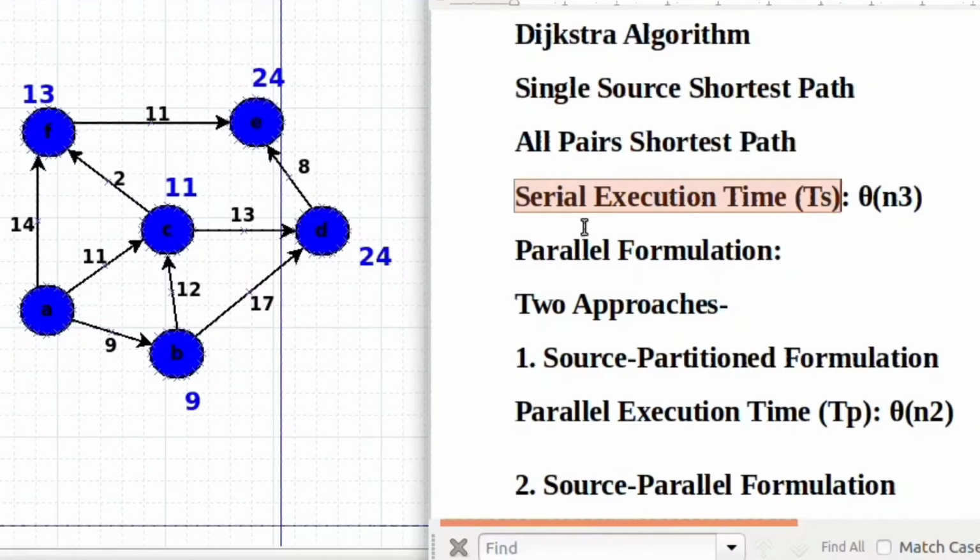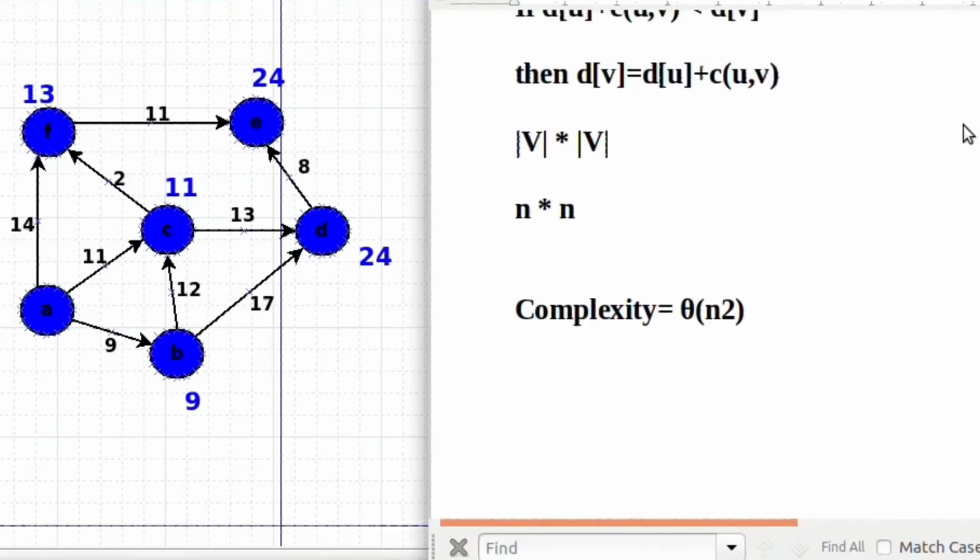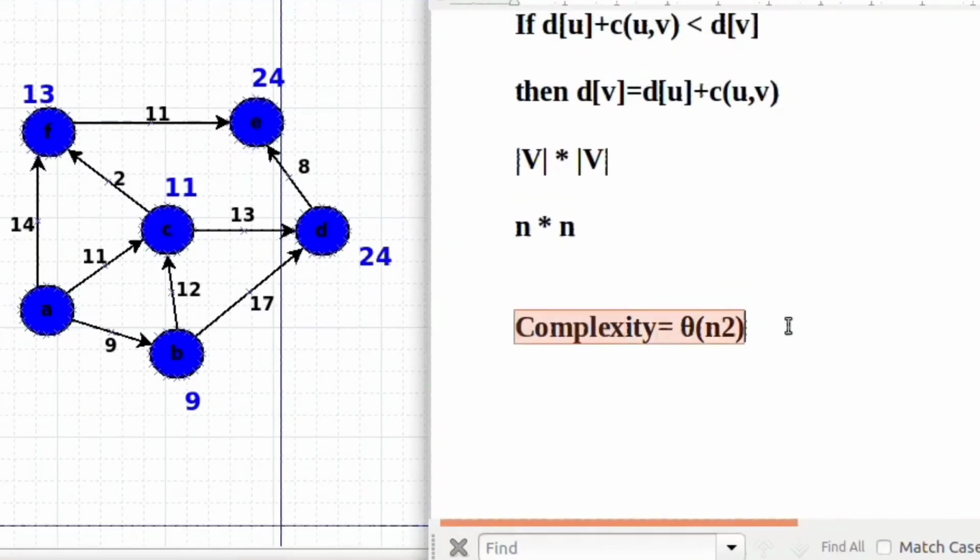So we'll say the serial execution time is of order of n cube. Why is it n cube? See, when we apply Dijkstra algorithm for a single vertex, it is theta of n square. In that video we have seen how we got theta of n square.